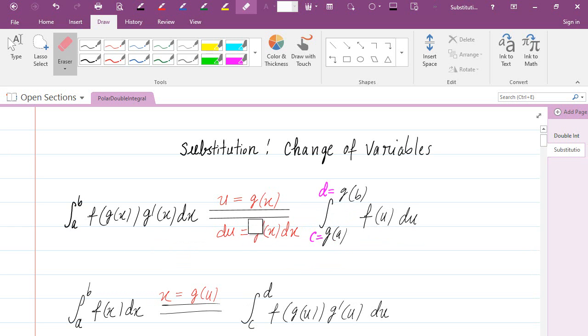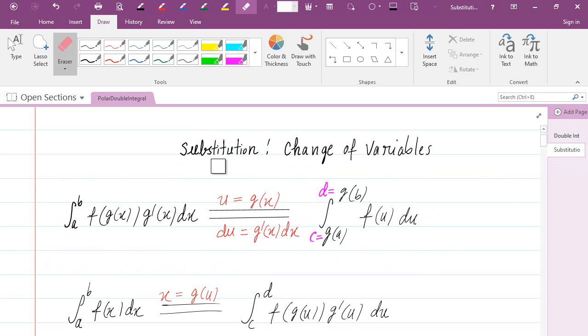Notice that when x is a, we get g of a. When x is b, then we get g of b for u. So those are the limits of integration for u. So this is the change of variable formula that we have seen in Calculus 1.